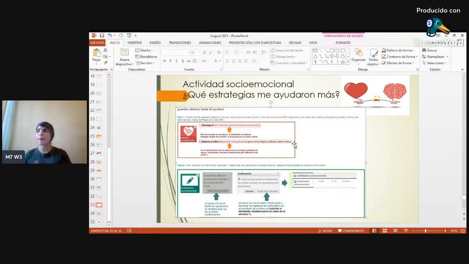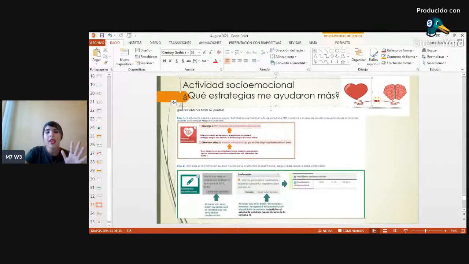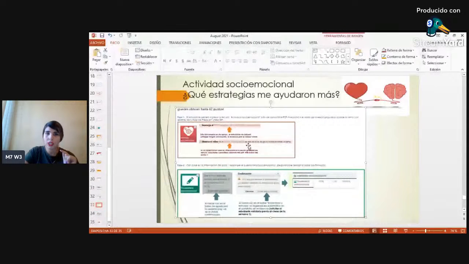You can pass the model, but first you need to do your social emotional activity. Remember, we have some steps. Download the interactive PDF and then observe. Once you finish, you're going to go to the social emotional questionnaire and you're going to solve it. You're going to try to answer as much as you can, depending on the information you read.